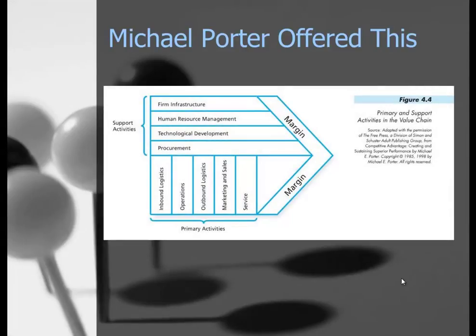Originally, the idea of value chain analysis came from Michael Porter, and he offered this model that includes a number of primary activities that were primarily generated based on a manufacturing business, inbound logistics through service, and then support activities from firm infrastructure, HR, R&D, and procurement, which can be considered non-client facing activities.